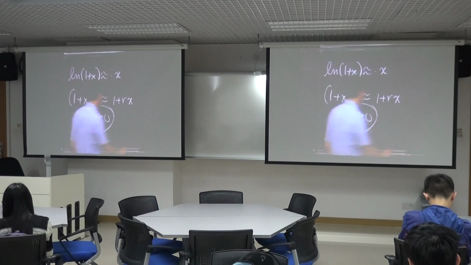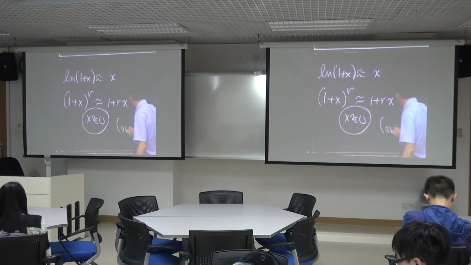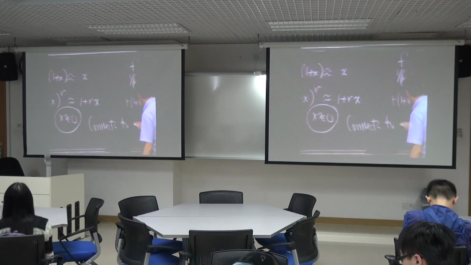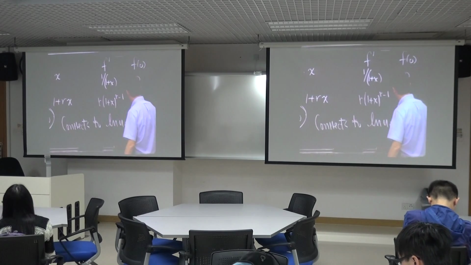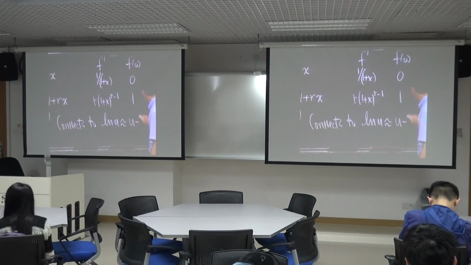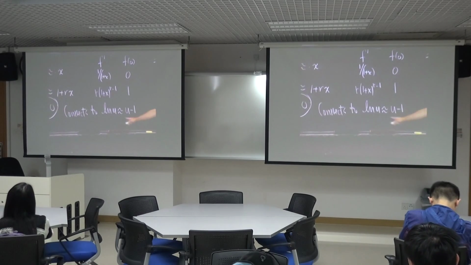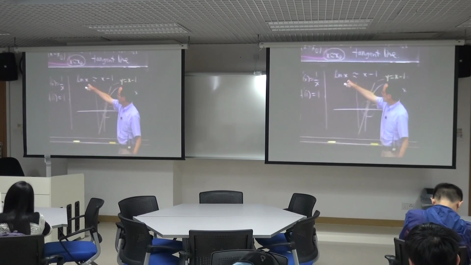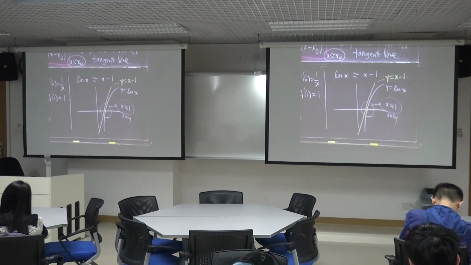So the connection with the previous example is that what we wrote before I could write as the logarithm of u is u minus 1. That's just recopying what I have over here, except with the letter u rather than the letter x.